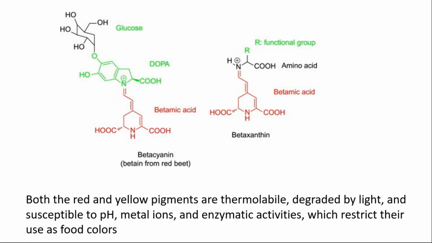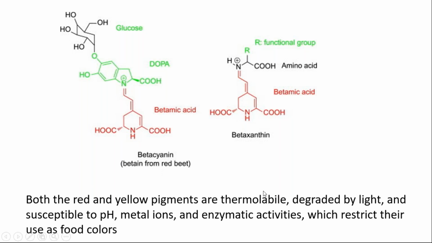So beta-cyanin is betanin from beetroot. You have betalamic acid added to dopa, that is dihydroxyphenylalanine, and the glycoside with glucose makes it water soluble. And you have beta-xanthin, which is attached to an amino acid. Both the pigments, that is the red and the yellow pigment, are thermolabile.